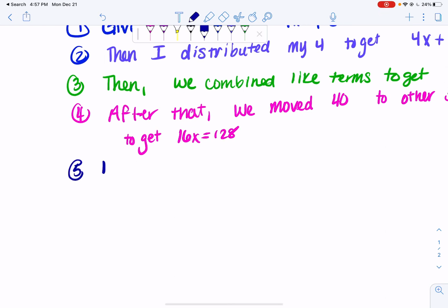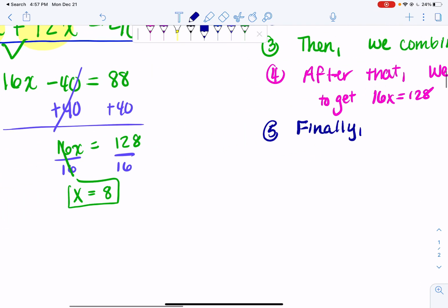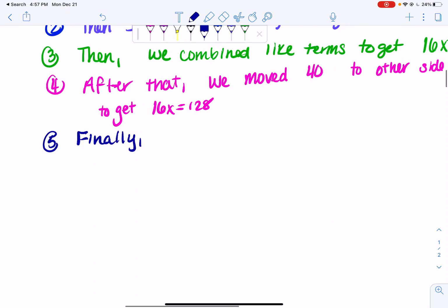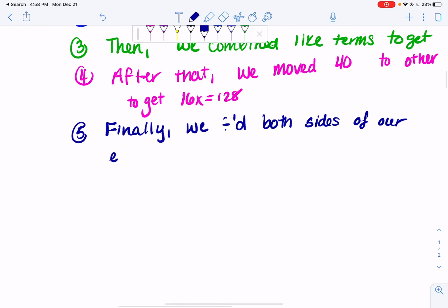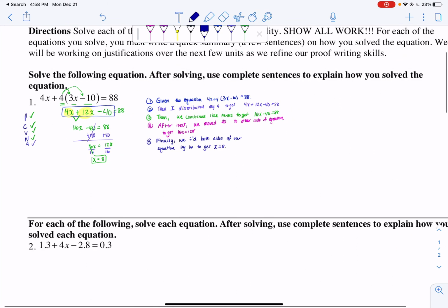Finally, we divided both sides of our equation by 16. To get x equals 8. And that's what I'm expecting on your Google form.